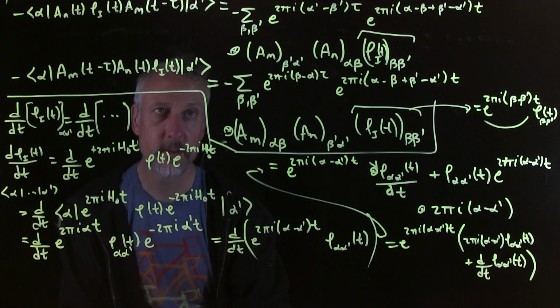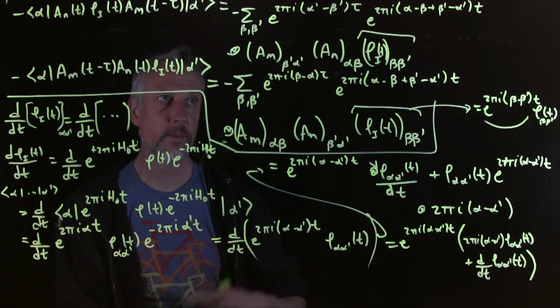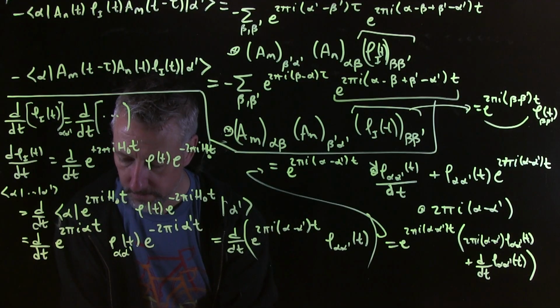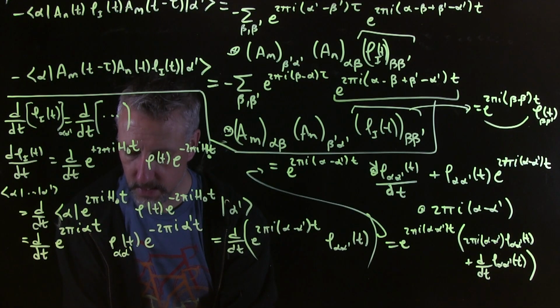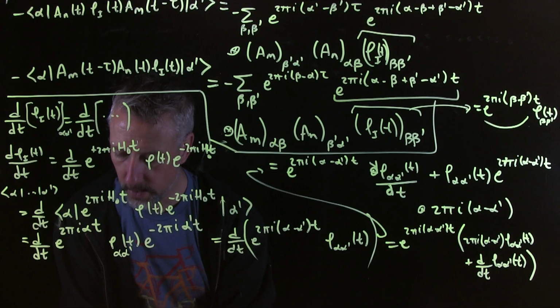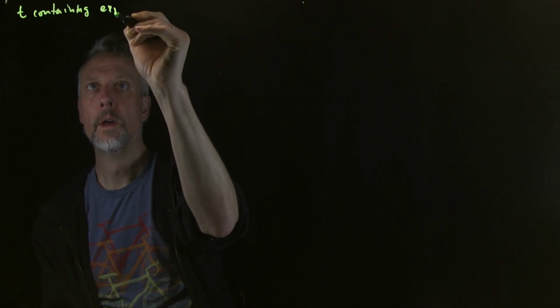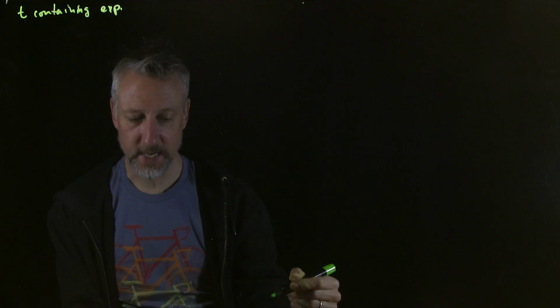The second thing is, if we look at all the t exponentials, for example like that one, we see that they have a bit of a pattern to them. So let's take a look at some of these terms. I'm going to write down the t-containing exponentials for the first term that we wrote down.